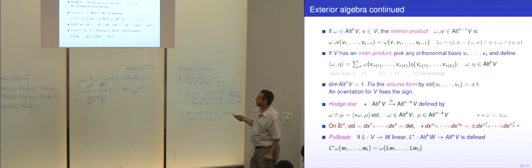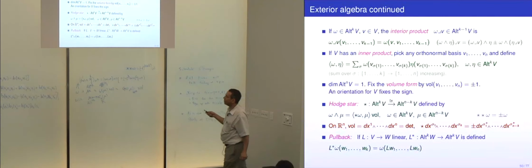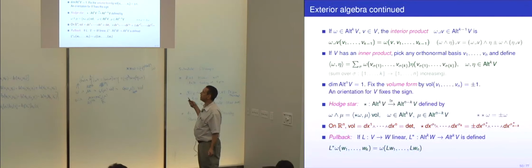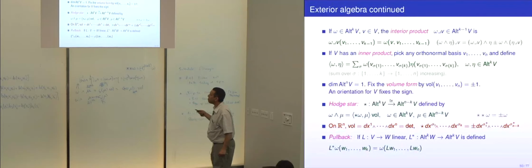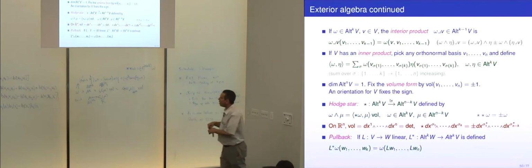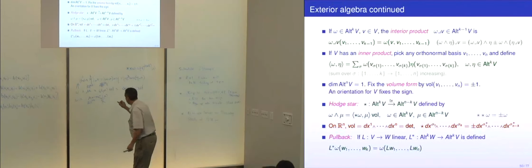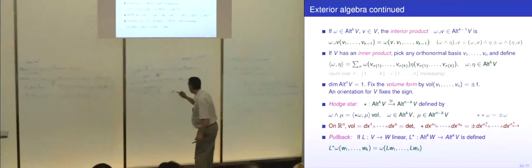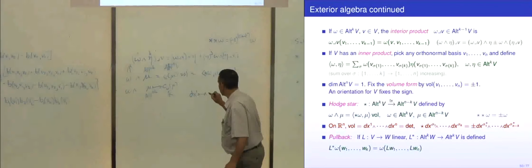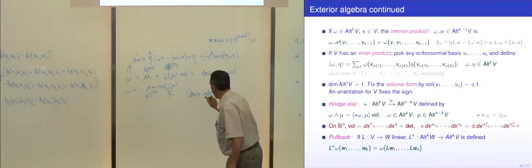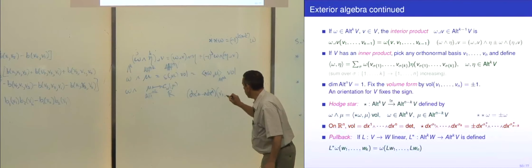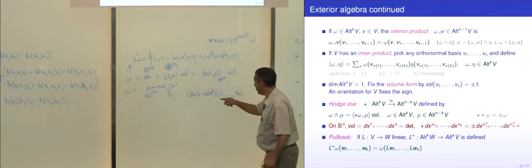What is this on Rn? Well, the volume form is just dx1, dx2 through dxn wedged together. That takes e1 through en to 1. And now it's interesting, this is probably worth your doing, a simple thing to do. Take dx1 wedged through dxn and apply that to v1 through vn, where these are any vectors.